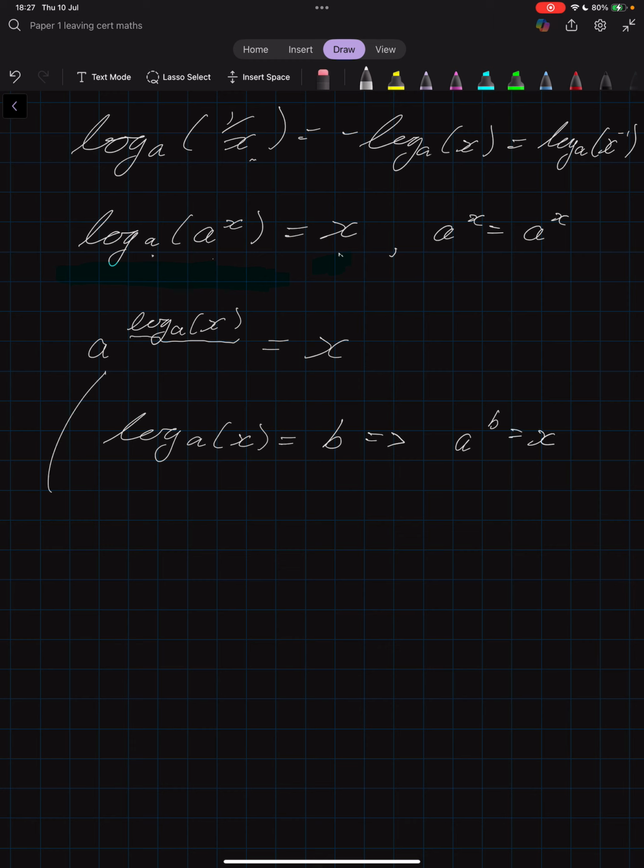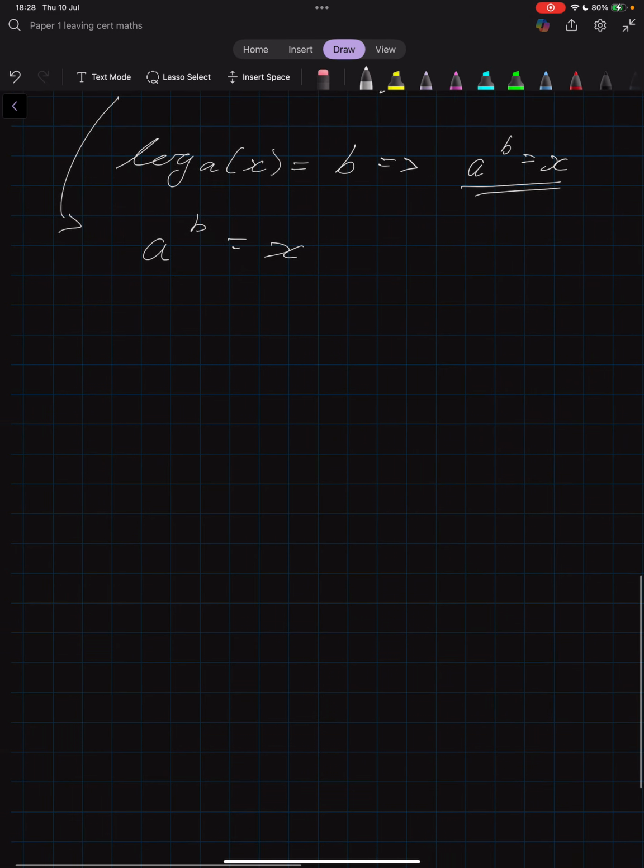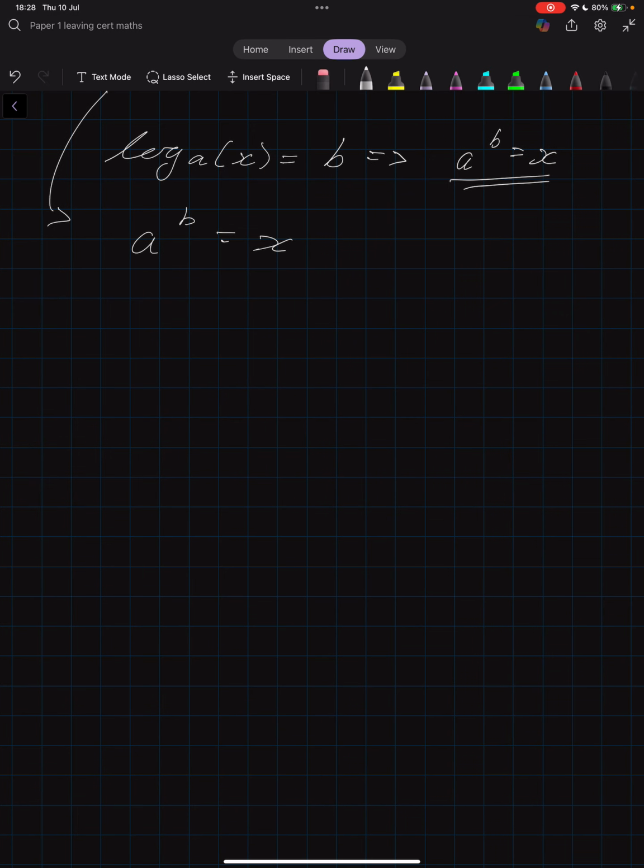But if I just drag this here and say a to the power of log to the base a of x, well, that's equal to b. So I get a to the power of b. And we just said a second ago that's equal to x. And that's why these two things are equal, okay? Not a very important one. Probably won't see it come up, but just to have it there anyways, okay?